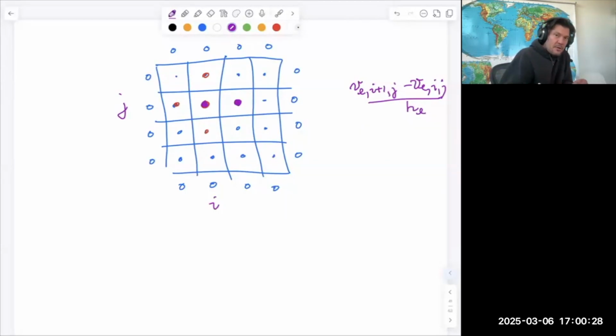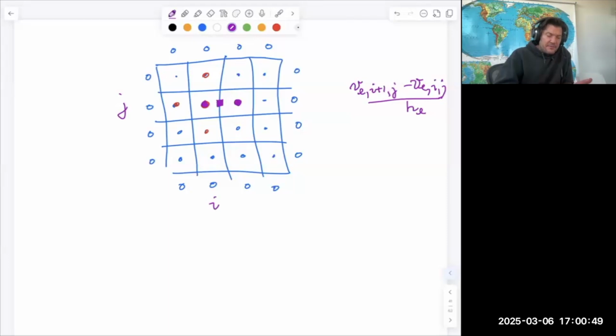And to get second order accuracy, I'm going to think about this difference being defined at that square point. So that square point is what we call an edge point. This is called an edge point, right? That makes sense.